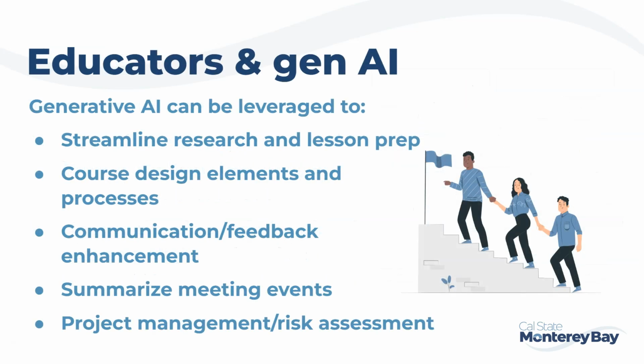In a traditional classroom environment, there are many ways that educators can use generative AI to enhance our work. When leveraged properly, Gen AI can help us to do things like streamlining pieces of our research and our lesson preparation processes. For example, there are already a few tools that specifically support research functions like Perplexity, Elicit, and ResearchRabbit.